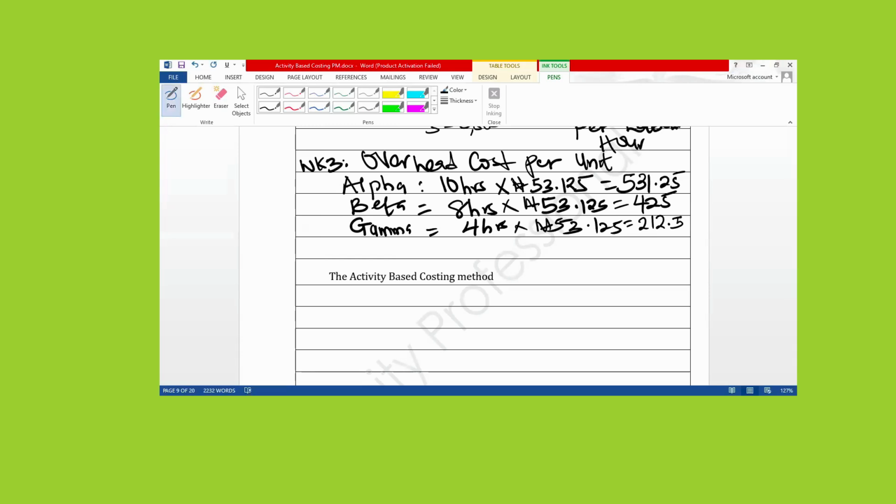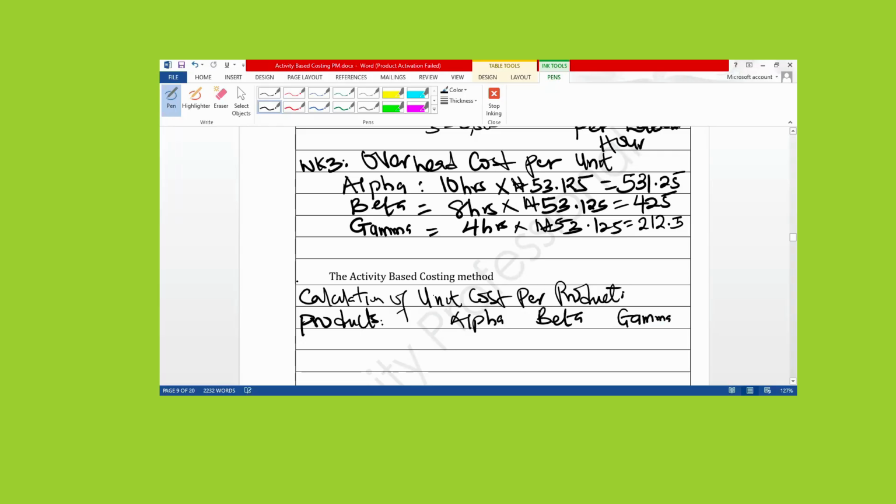I'll pick my pen. Now look at it. Calculation of unit cost per product. Our products, the company produces alpha, beta, and gamma.